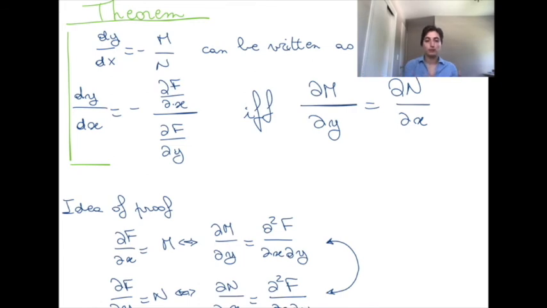In a similar way but shifted, we can do it for n: if the partial derivative of f with respect to y is equal to n, then the partial derivative of n with respect to x is equal to the second partial derivative of f with respect to x and y. These two terms, the previous one and the second one, if f exists and is second order differentiable, should be the same term.